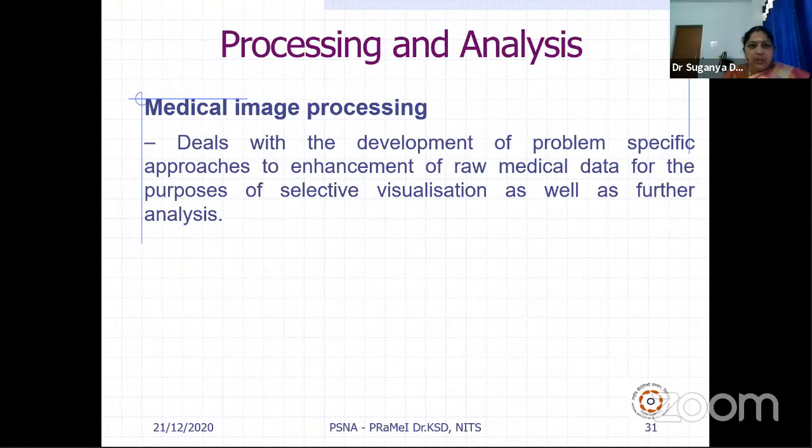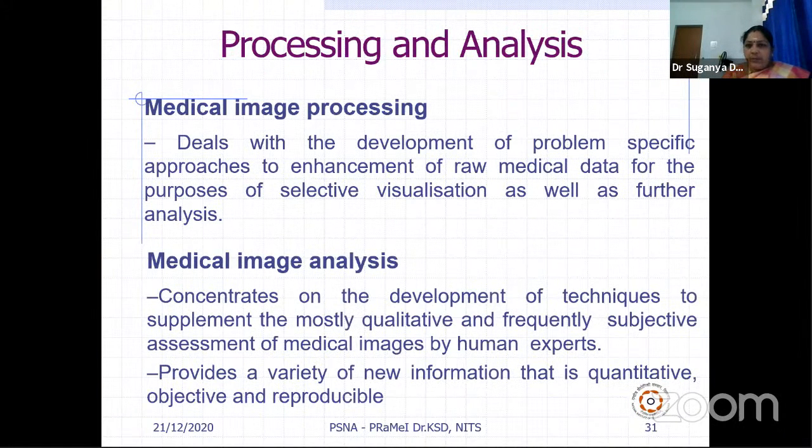And it is with the development of problem-specific approaches to enhancement of raw medical data for the purpose of selective visualization as well as for further analysis. And medical image analysis is different. This concentrates on the development of techniques that supplement the mostly qualitative and frequently subjective assessment of medical images.